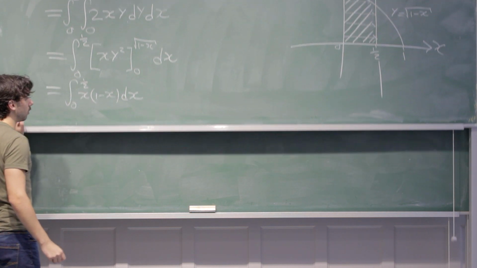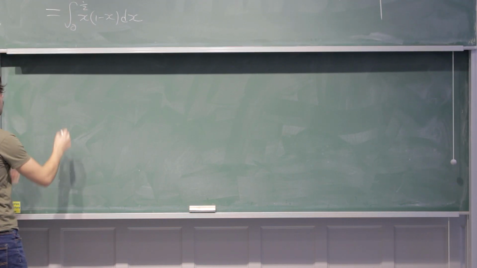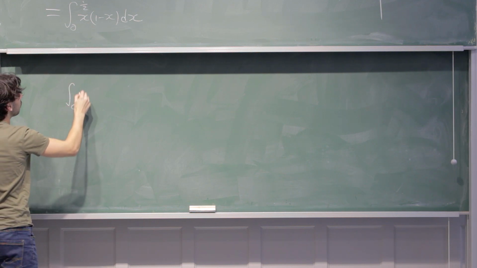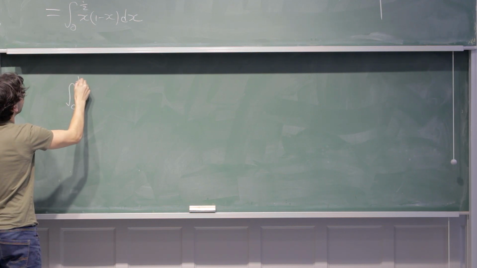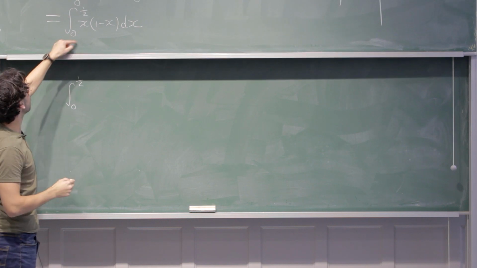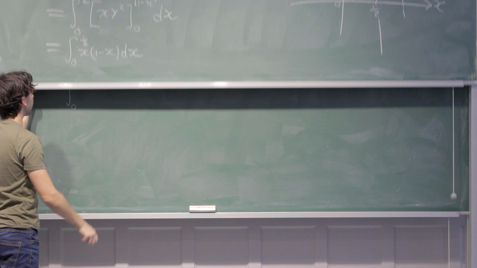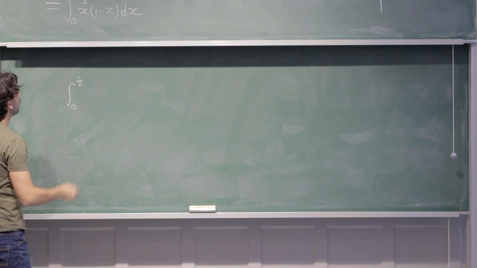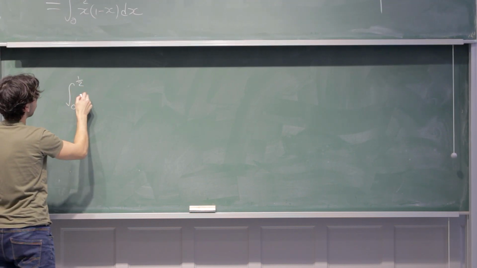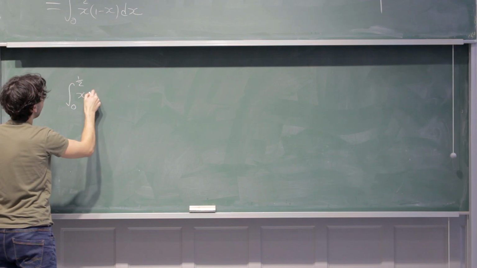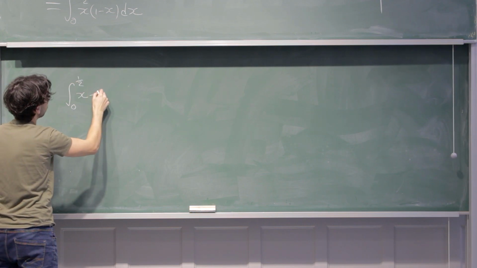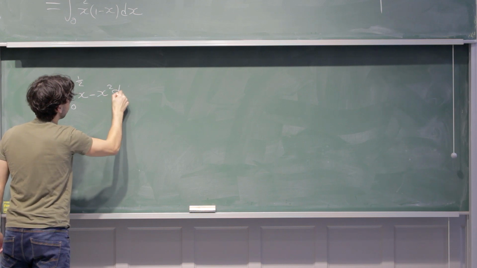Let's go on to a new board here. So this is our integral, 0 to 1/2. It looks like it's from 0 to 0, but this 0 here is connected to the integral above. And then let's expand this out before we integrate it. So we'll get x minus x squared dx.